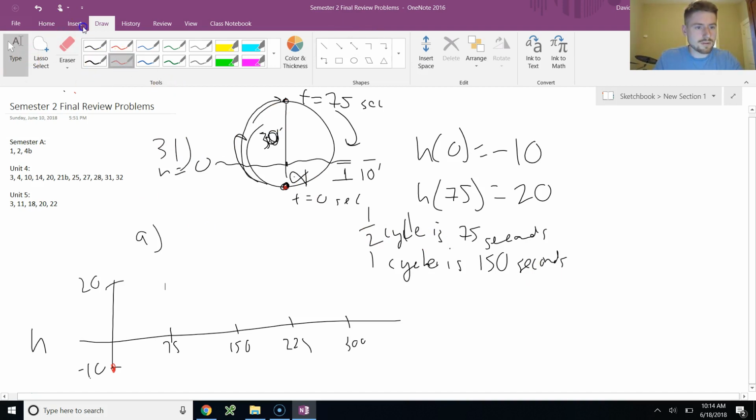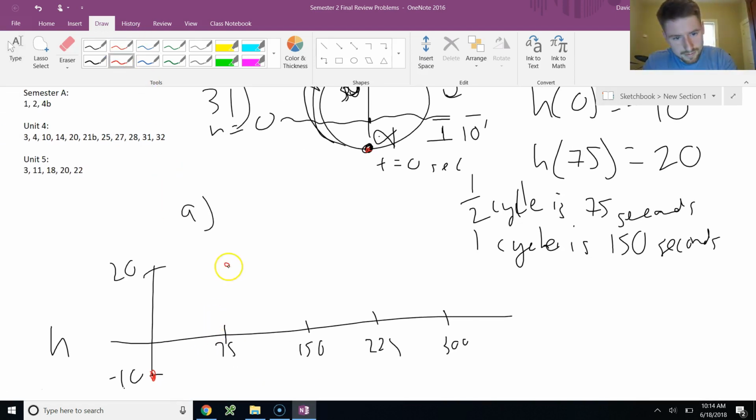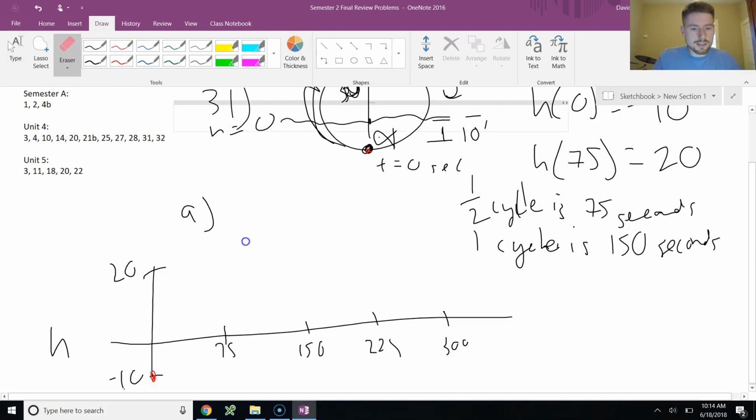Okay, I think we got our dots now. Maybe? Let's see if I can zoom in here or something. It doesn't want to draw my dot. That's really annoying. I apologize. This is not working the way I wanted it to with the touch screen.